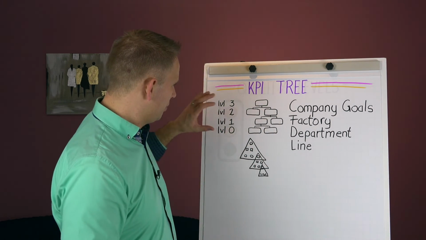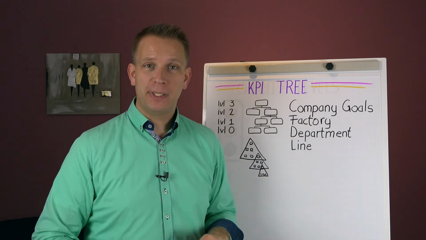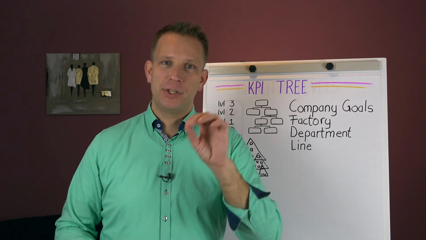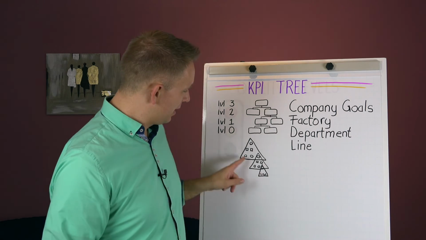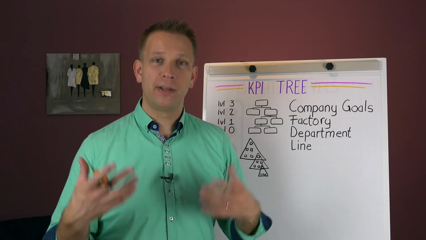That also means that you want to link the levels of KPIs that you have to your management layers and make the managers of those management layers the linking pins in your performance meetings, in your daily meetings, your KPI tracking system.